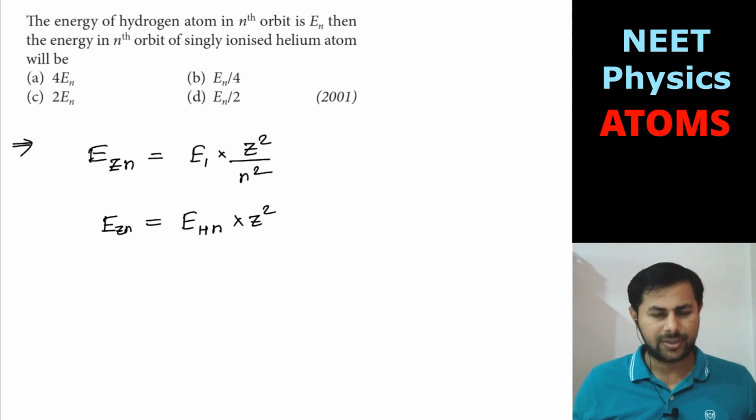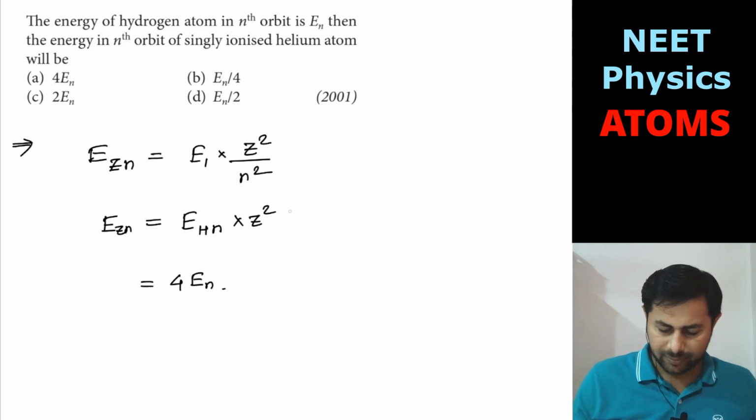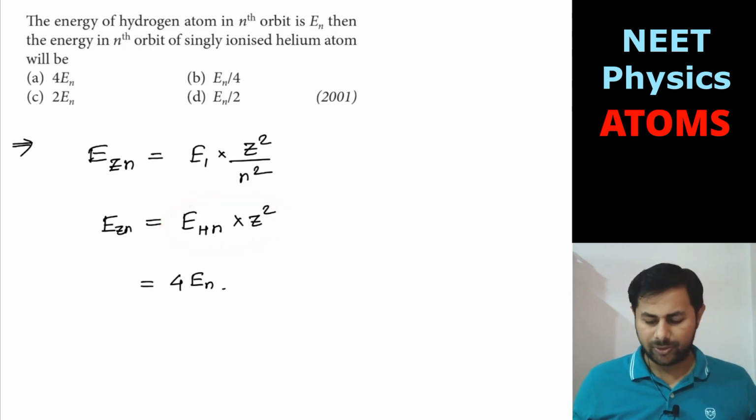So it's just energy of hydrogen atom in nth orbit times Z square. What's the answer? It is just 4 times En. Okay, this is clear.